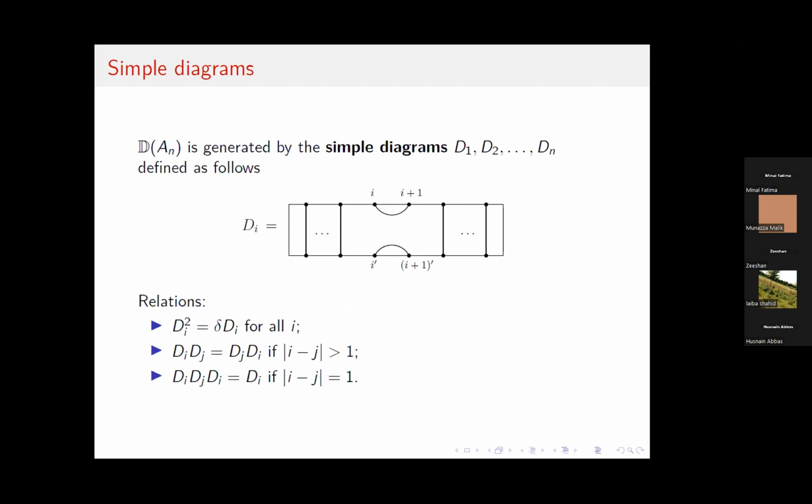You can verify that these diagrams satisfy these three relations. It means that every time I multiply one simple diagram with itself, I obtain the same diagram, but with a delta factor. Also, we can see that two diagrams commute if their indexes are not adjacent, not consecutive numbers.